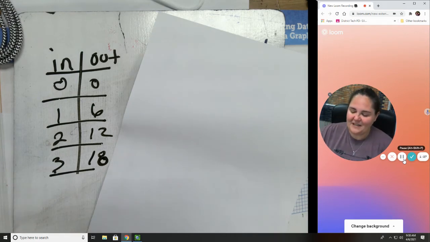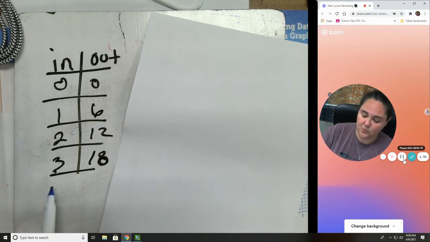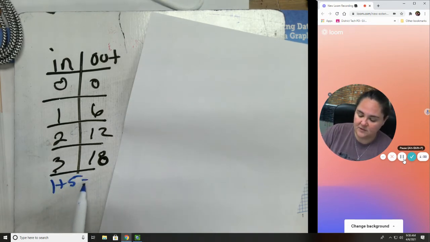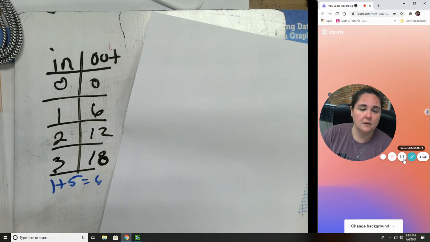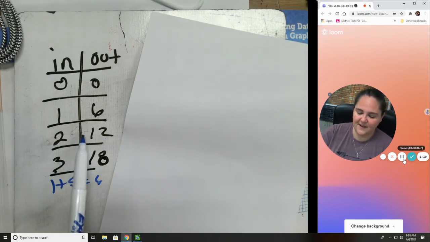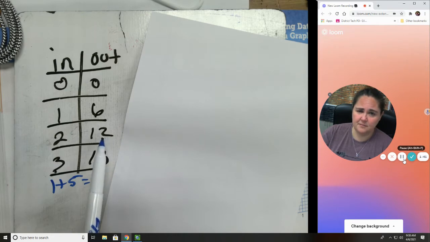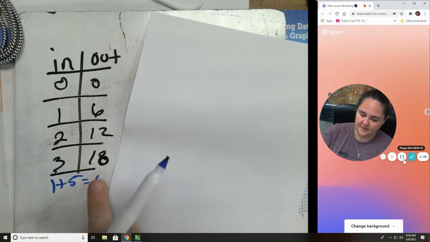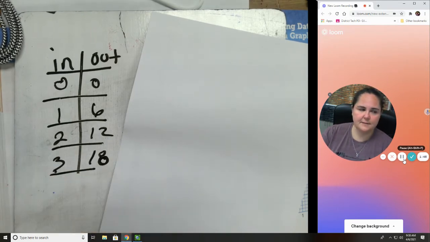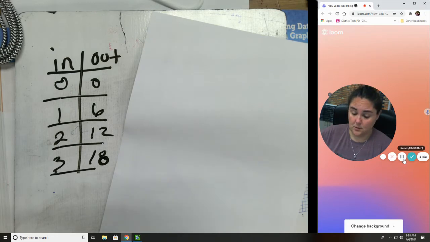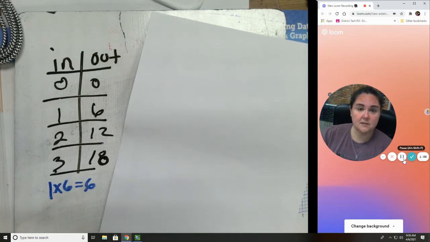If I look at this data, I could say my rule is add 5, because 1 plus 5 equals 6, right? But does that work for all of them? Does 2 plus 5 equal 12? Nope, that doesn't work. How else could I get to 6? Times 6. 1 times 6 equals 6.